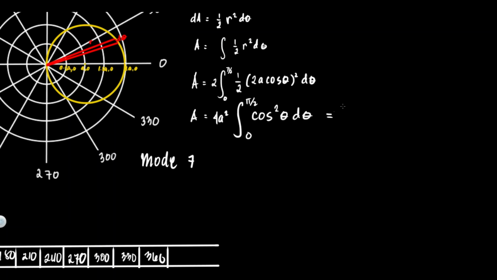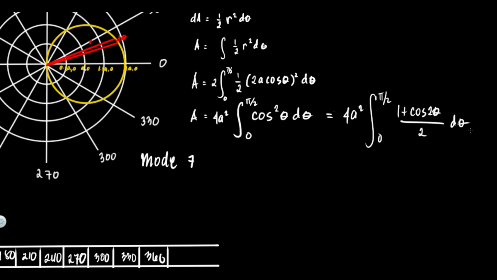So we have 4a squared. We need an identity here. Cosine squared theta d theta is, do you still remember, 1 plus cosine 2 theta over 2. Very good.